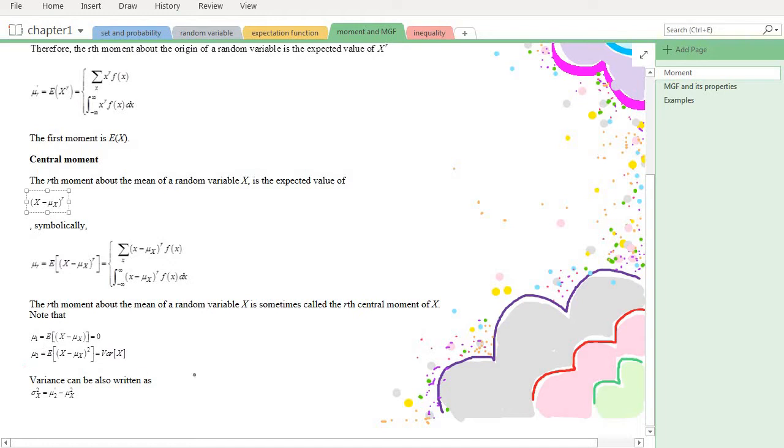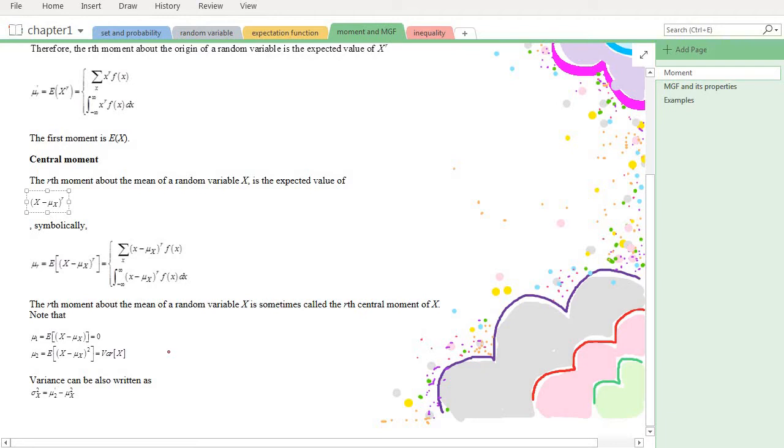As mentioned here, we can define mu1, mu2, and so on. We define mu1 as the first moment, and mu2 as the second moment. From here we can say that the r-th central moment of x can be written in this form.